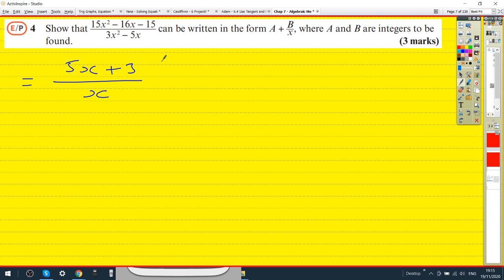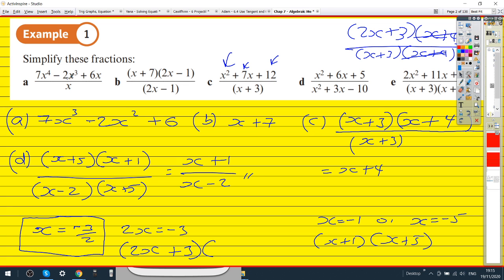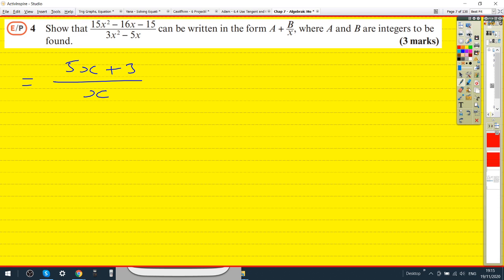You remember at the very start we divided everything by x for this one? You can do something similar here. You can do the opposite of adding two fractions together, which is just bringing them apart. So what would the first part simplify to? 5. And so that is just a different way of writing the same thing.